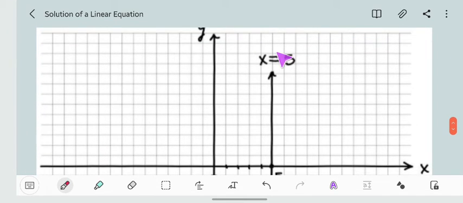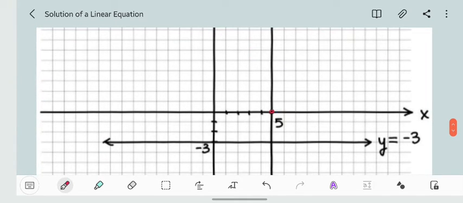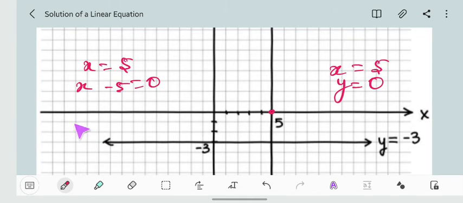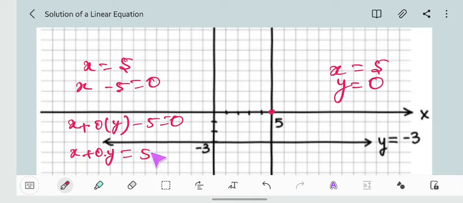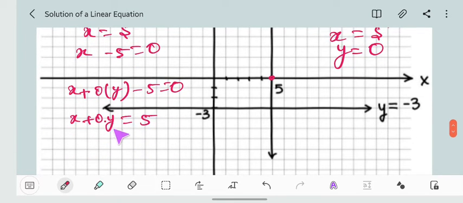Alright, x equals 5 here, this line at this point, because x is simply 5 when y was 0. If you take y equals 2 also, x equals 5 was there, so x minus 5 equals 0, so x plus 0y minus 5 equals 0, so x plus 0y equals 5.